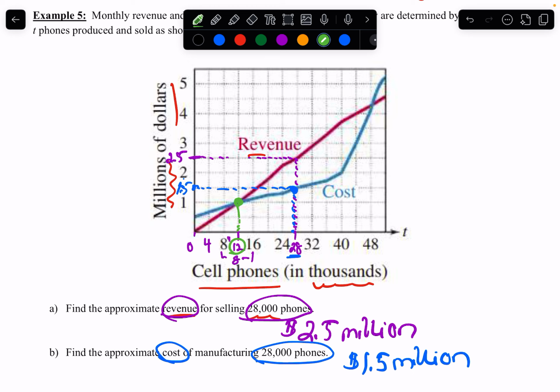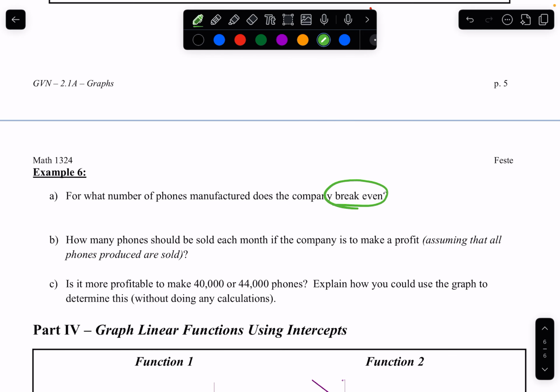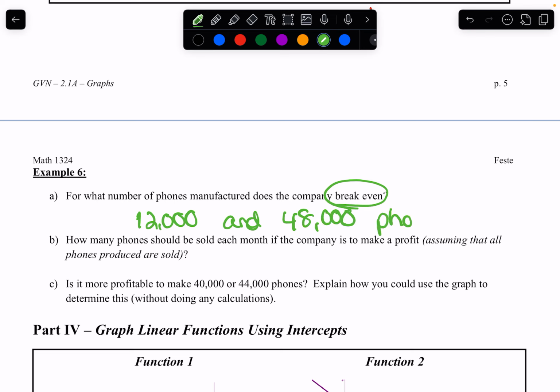And then our other point is over here, and we go down and we see that it's 48,000. So 12,000 and 48,000 phones is where the company breaks even. 12,000 and 48,000 phones.